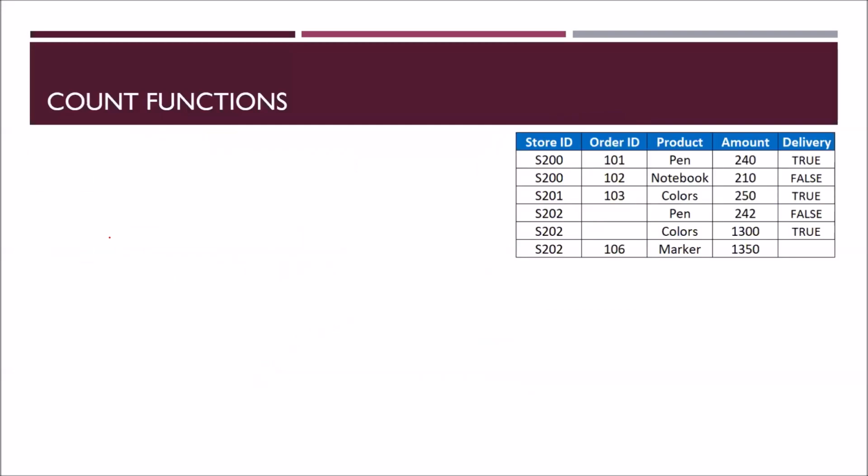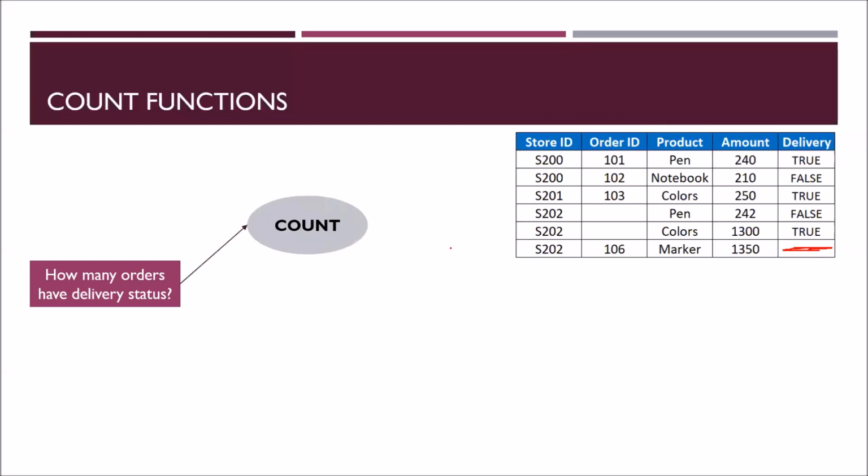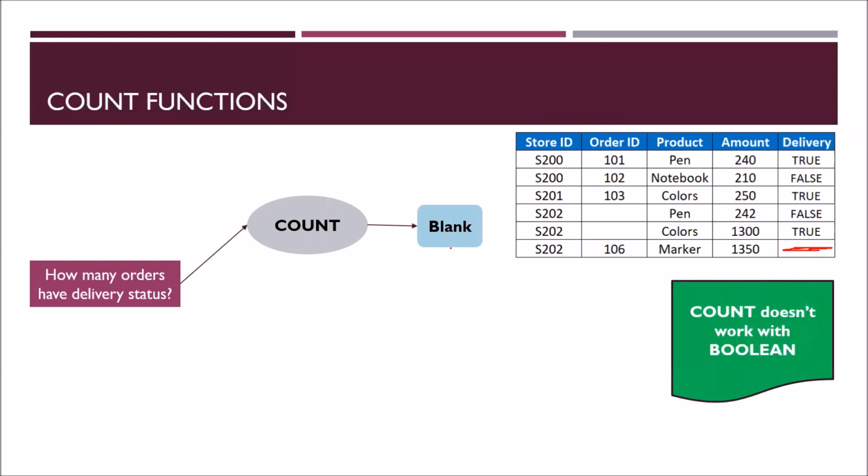Now the manager asks you a second question: how many orders have delivery status? So if you look at the delivery column, 5 of them have a value present and one has a blank or missing value. So what would be the output if you use a count function? It will be blank, and this is because the column delivery has Boolean data type.